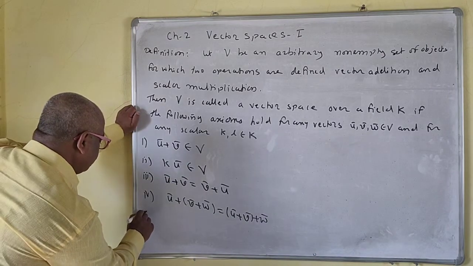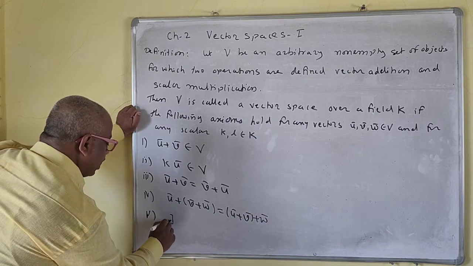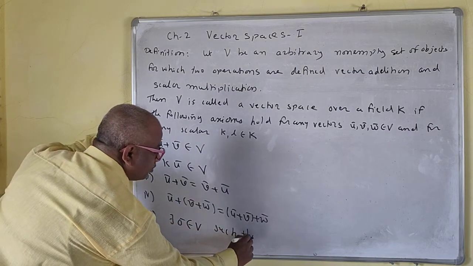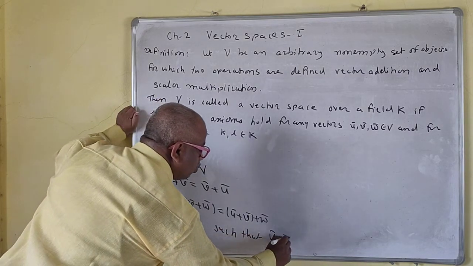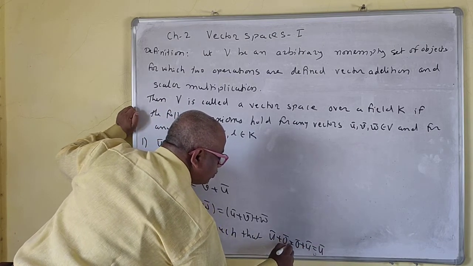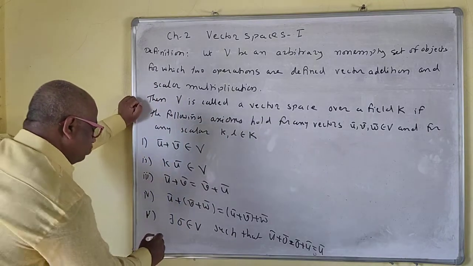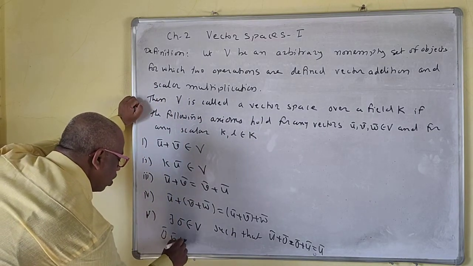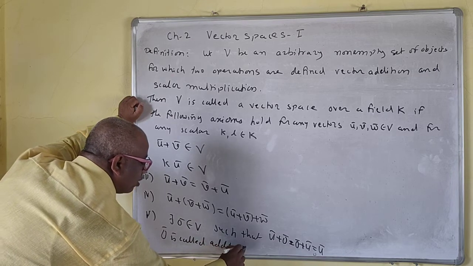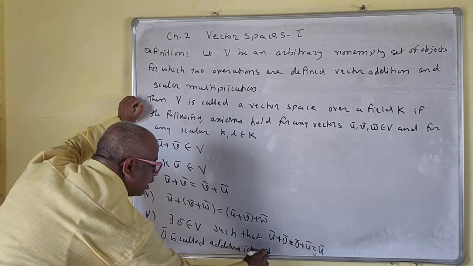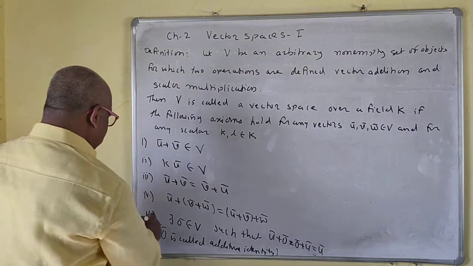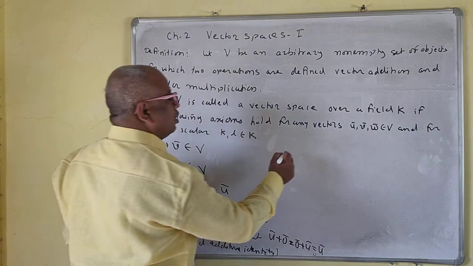Now, there exists 0 bar belonging to V such that u bar plus 0 bar is equal to 0 bar plus u bar, which is u bar. So 0 bar is called the additive identity. So this is the fifth.